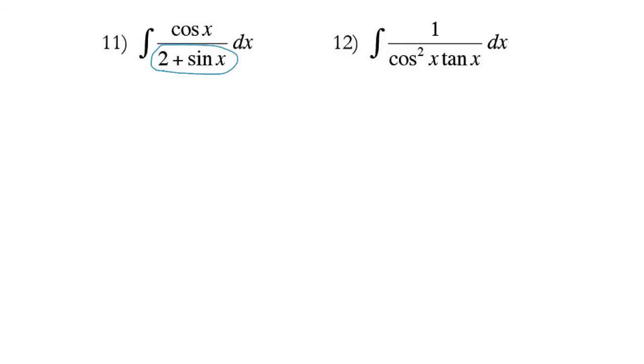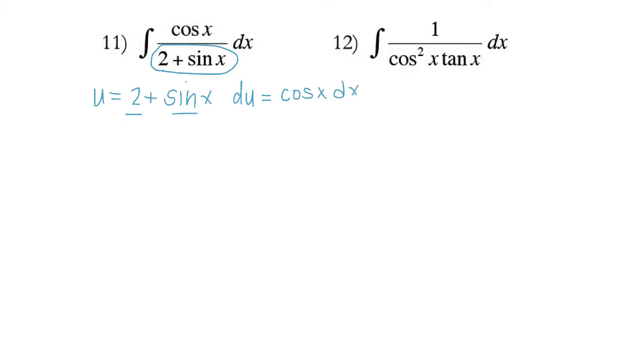And really, the only thing left here that makes sense to do would be a u substitution for the denominator. So I have u equals 2 plus sine x, so du, and notice when I take the derivative, I'm just going to get cosine x dx.